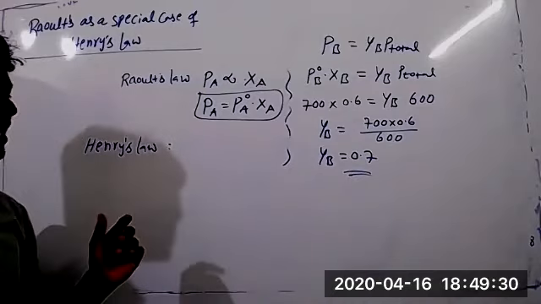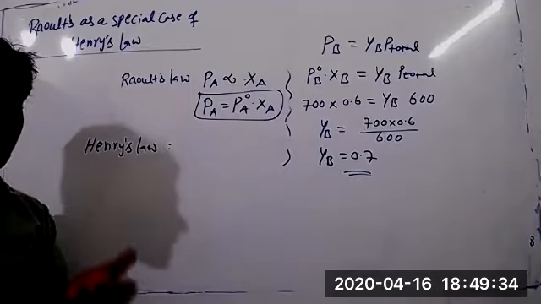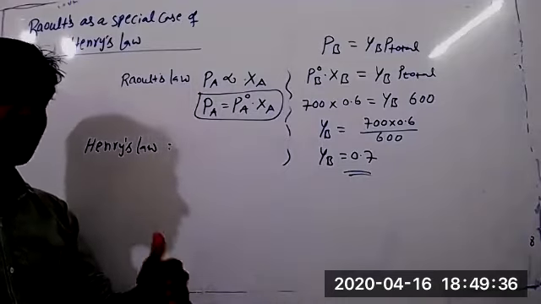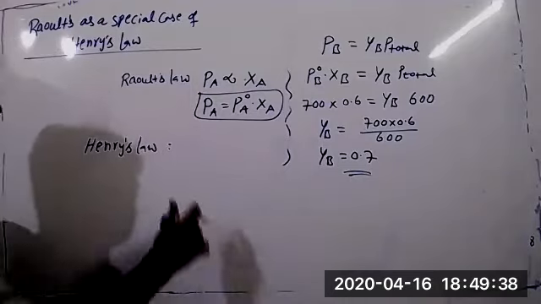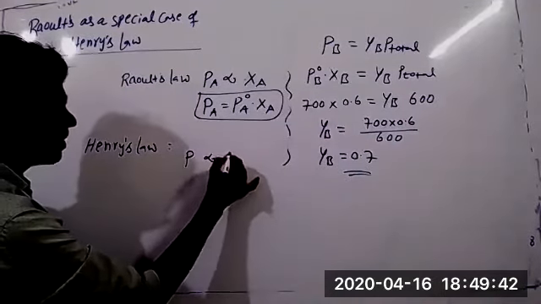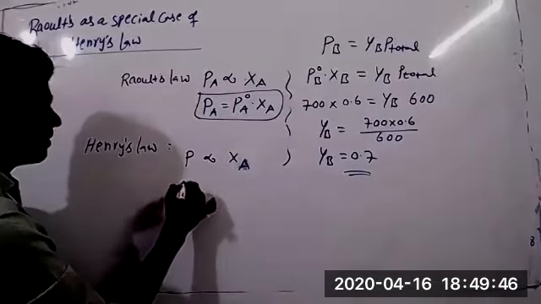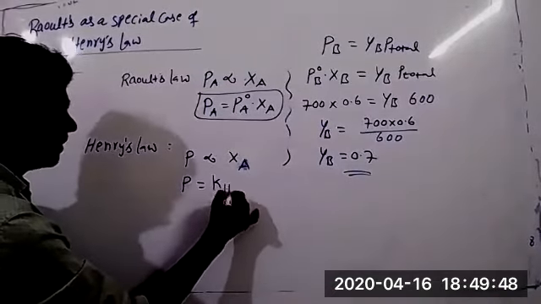We have another definition also: the partial pressure of a gas over the surface of a liquid is directly proportional to the mole fraction of the gas in the liquid. So according to Henry's law, P is directly proportional to the mole fraction of the gas, and P is equal to Kh into X.